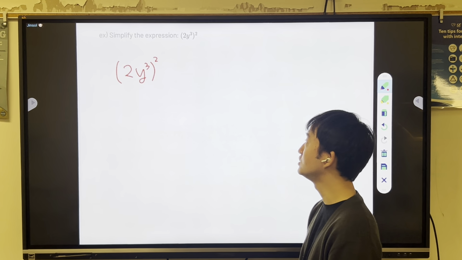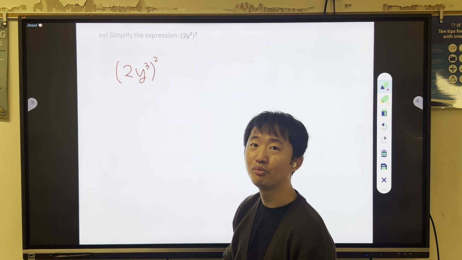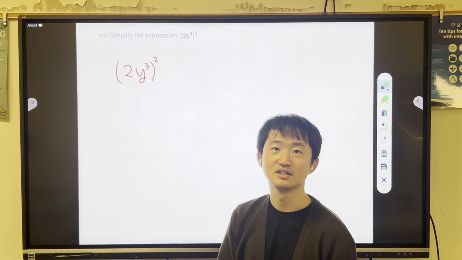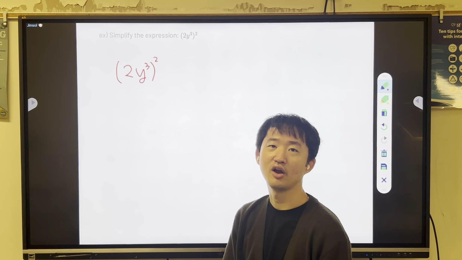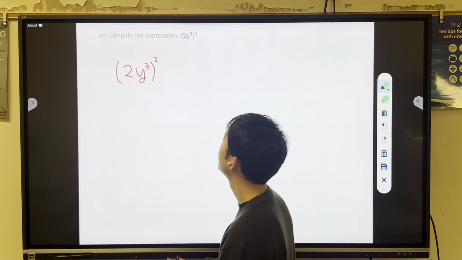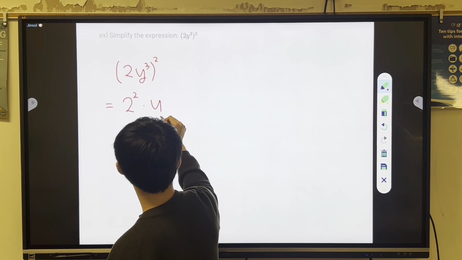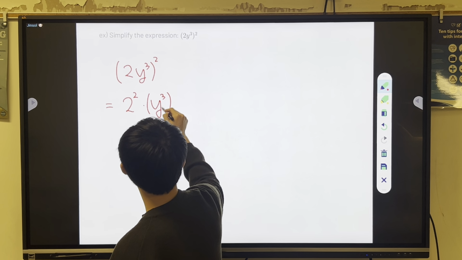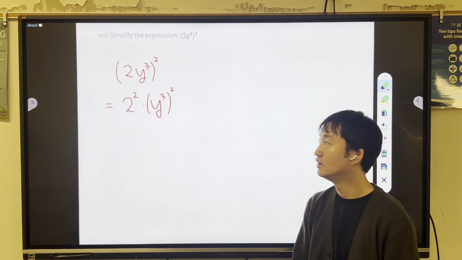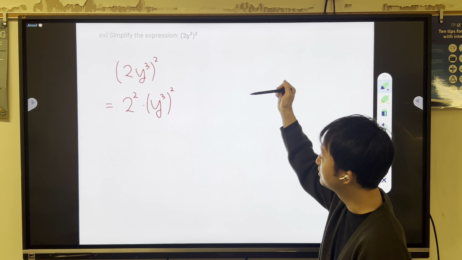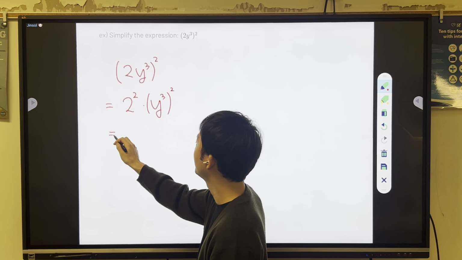The first thing that I notice is that the square is on the bracket, so I'm going to distribute the squared into each factor. So that's going to be 2 squared multiplied by (y to the power of 3) to the power of 2. Notice how I distributed the squared into each part. Well, I know that 2 squared is equal to 4.